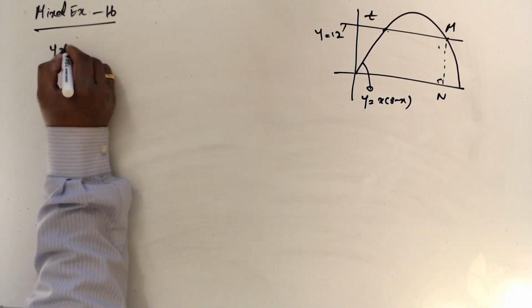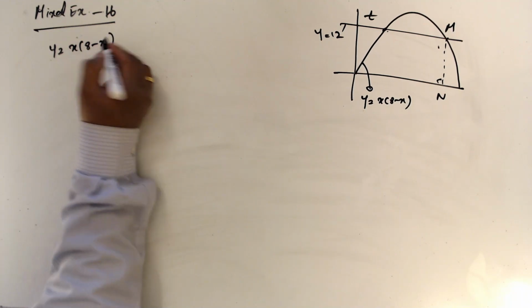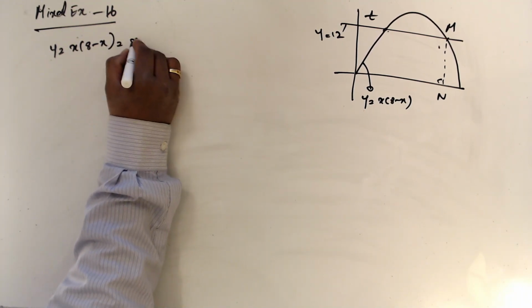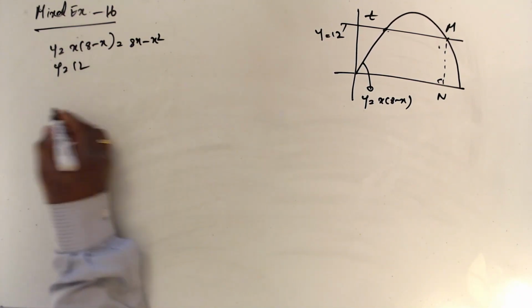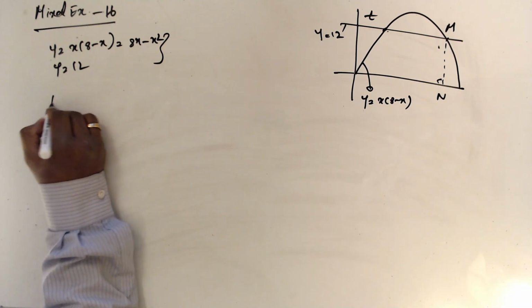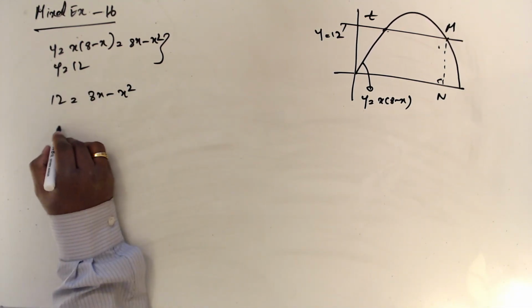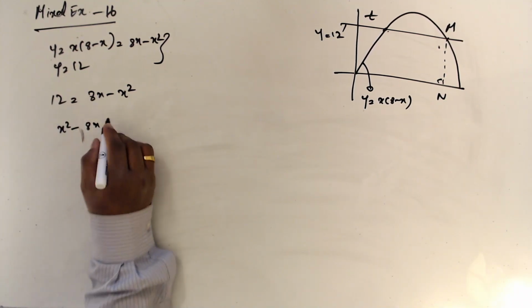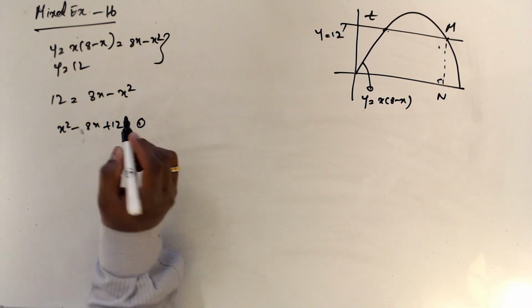So y equals x times 8 minus x, which is 8x minus x squared, and y equals 12. So we'll solve simultaneously: 12 equals 8x minus x squared. So then x squared minus 8x plus 12 equals 0.